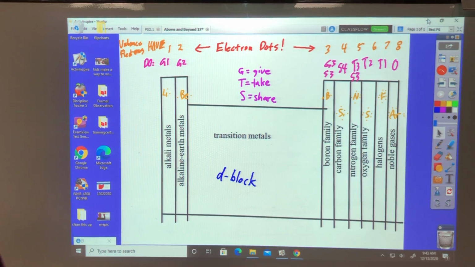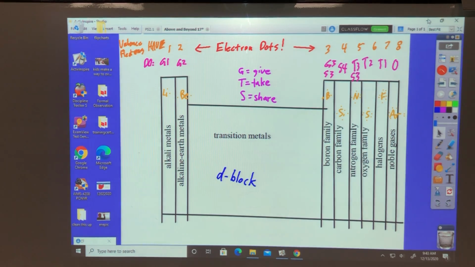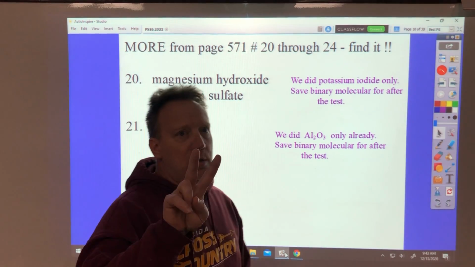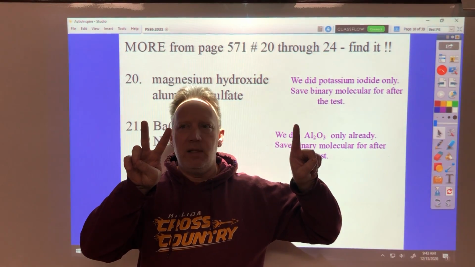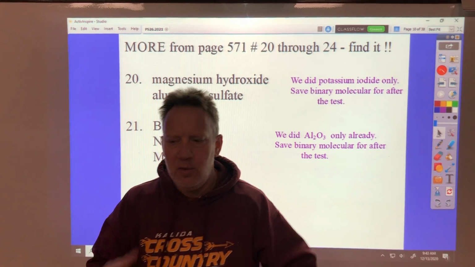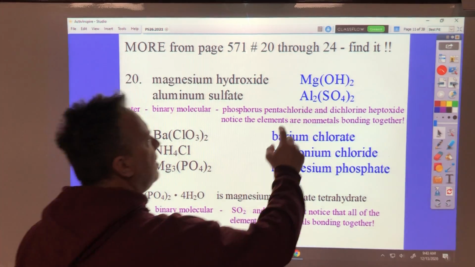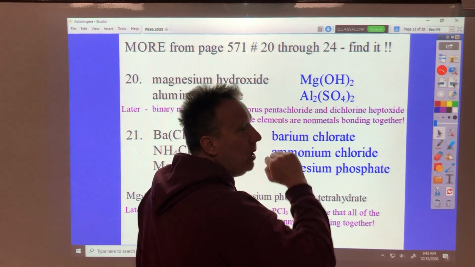Oxidation number 2 positive. Hydroxide took 1 because it's OH minus. They don't match. I need 2 hydroxides. And the way you do that is you put parentheses around it and I get 2 of that whole hydroxide.